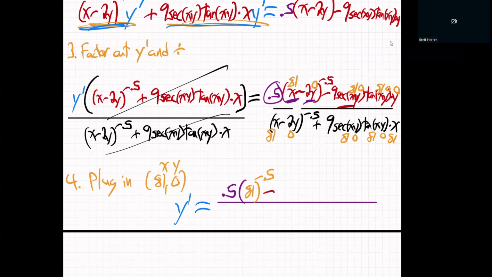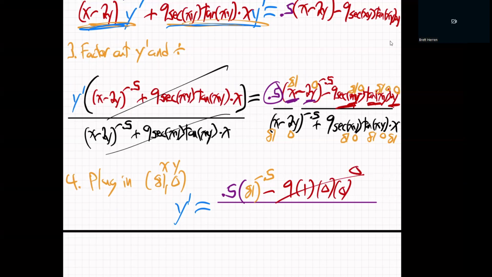Minus, and now secant of x times y, 81 times 0, that's secant of 0. What's the cosine of 0? You can type that into your calculator. Cosine of 0 is 1, so this is just 1. And then tangent of 81 times 0, tangent of 0, that's 0. And then y is 0 anyway. So that's all just gone to be 0.